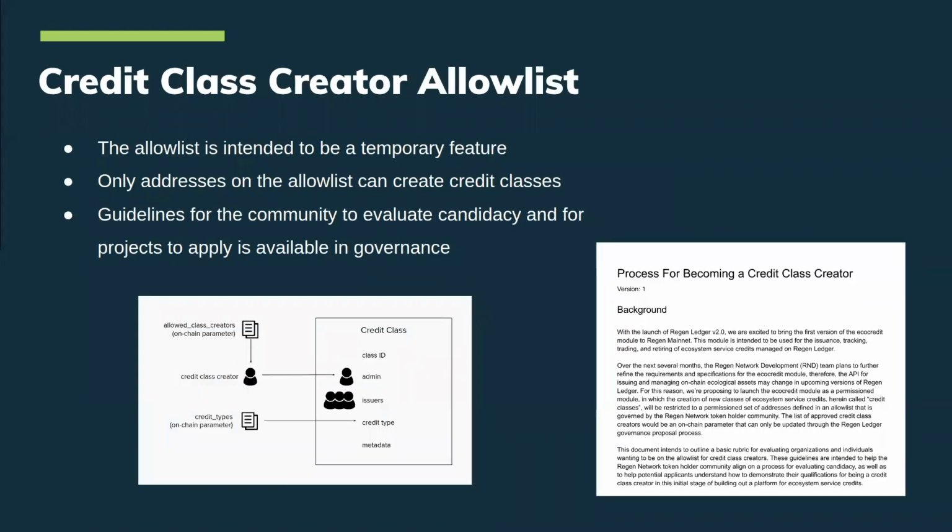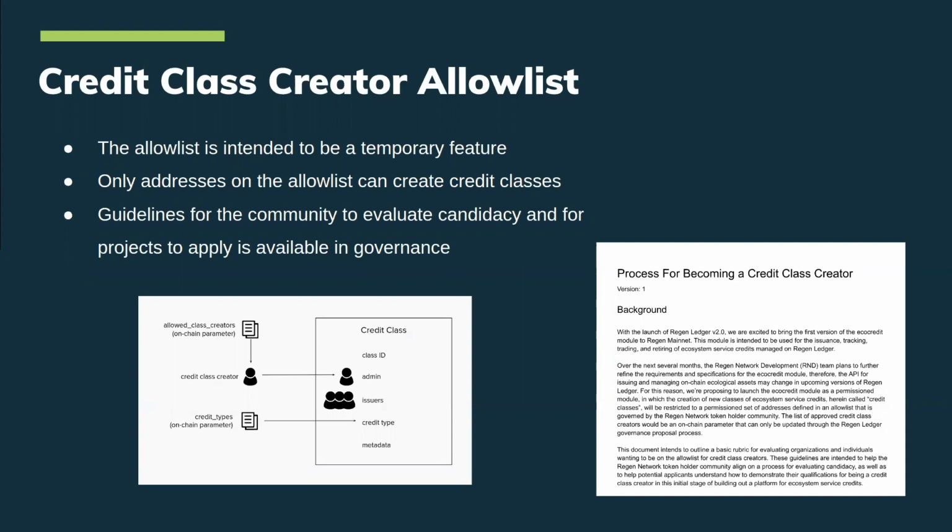Okay, so credit class creator allow list. This is something that can be either enabled or disabled, as mentioned on the previous slide. And this is intended to be a temporary feature, essentially, on Regen Mainnet.